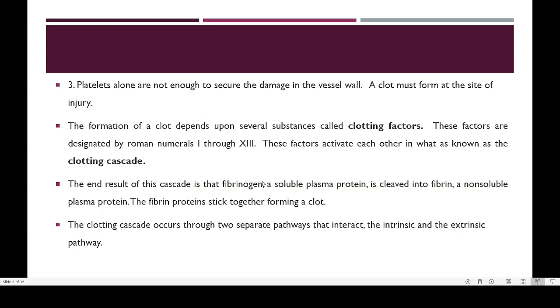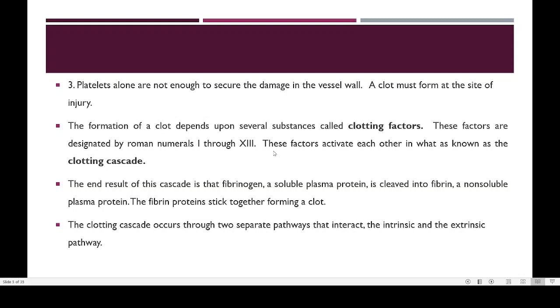The formation of a clot depends on several substances. Most of the time these substances are proteins present in your blood, and these proteins are known as clotting factors. So any protein or substance that aids in clot formation is known as a clotting factor.